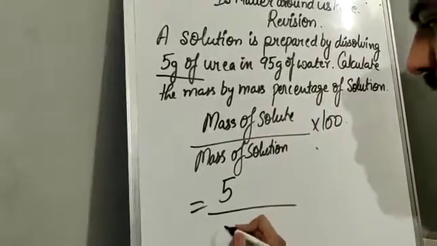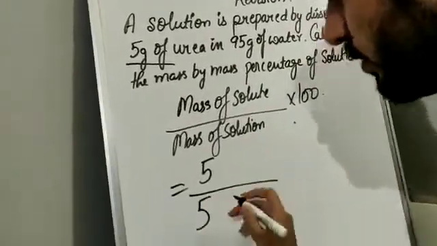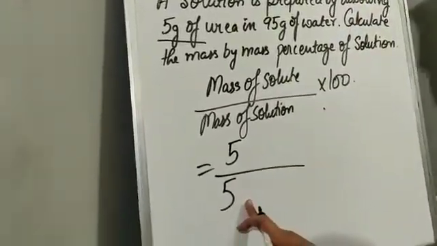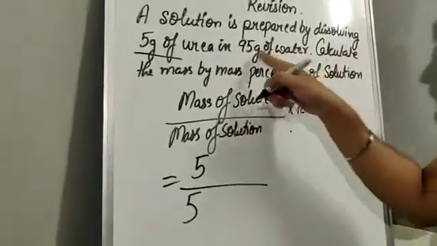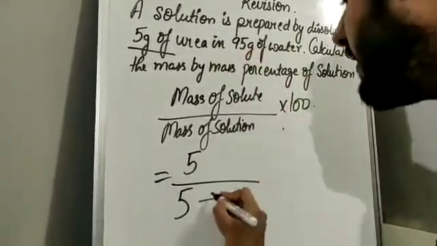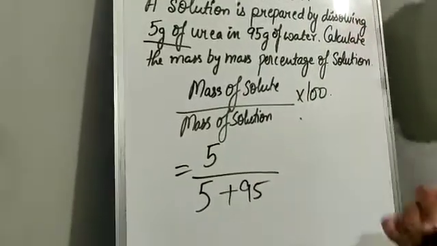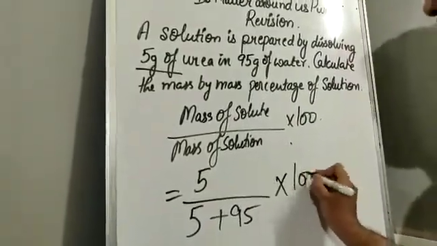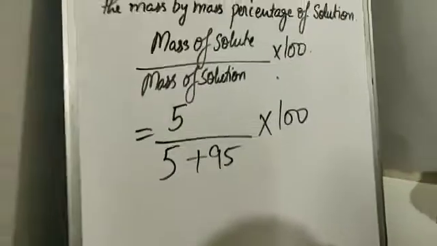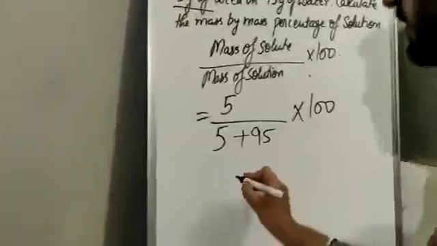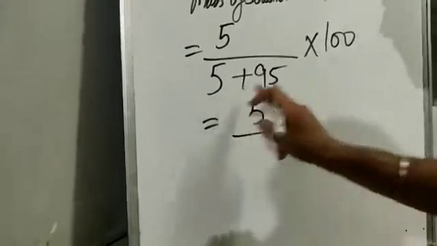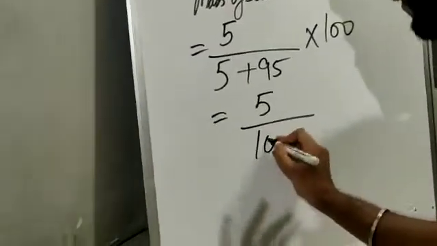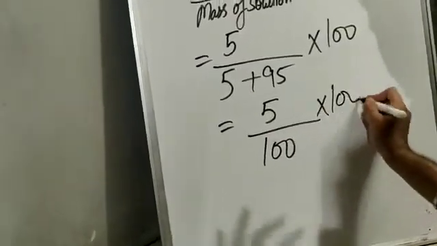So what you will do? The mass of solute, urea, is 5, and the mass of solvent is 95 gram, into 100. Got it? Now simply do the calculations. 5 upon 5 plus 95, 100, into 100.